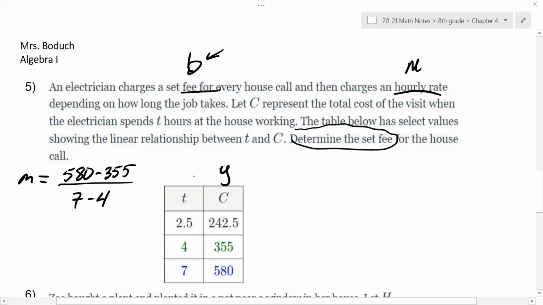So here's how I know it's y and here's how I know it's x: the output is y, and the output here is a capital C. So my slope is 225 over 3, which is equal to 75. So my slope equals 75.